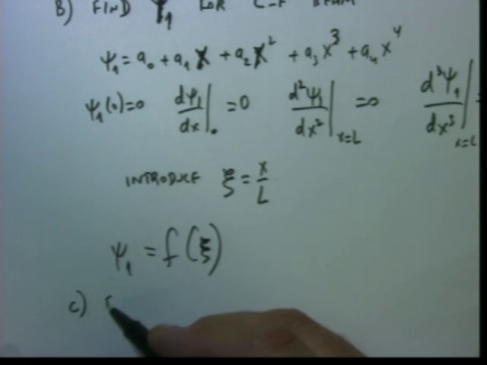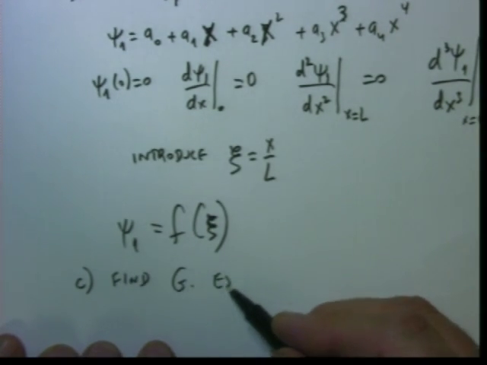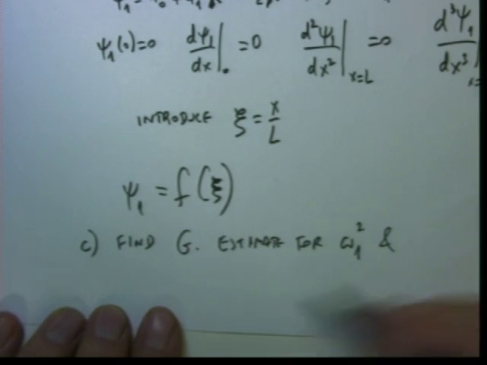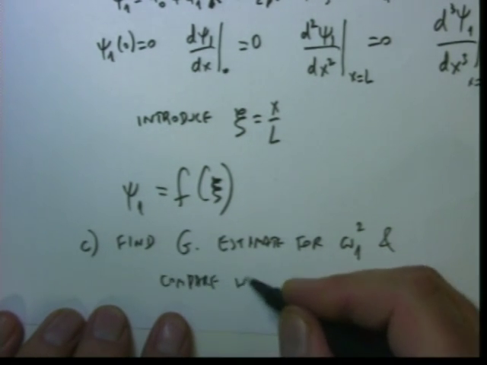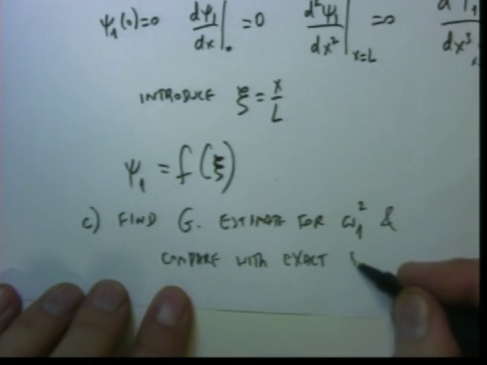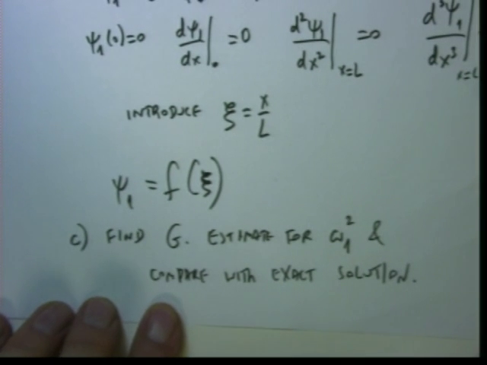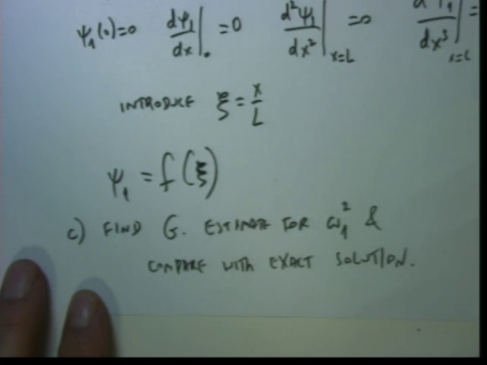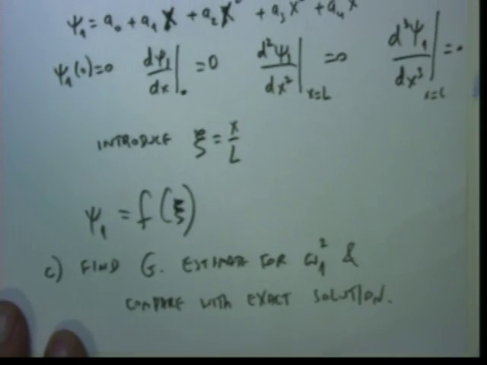Then C is find Galerkin estimate for omega 1 square and compare with the exact solution. So that is about Galerkin's method.